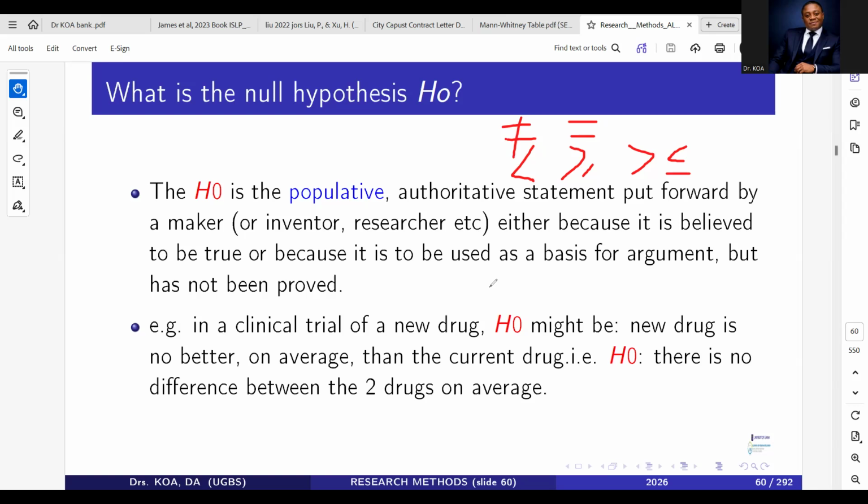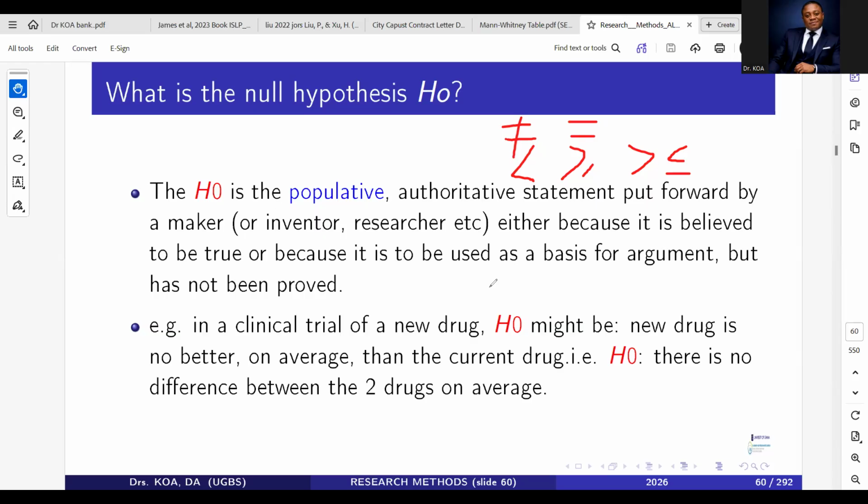Now, the third step, I told you there are only 4 steps. The third step is to find alpha and the p-value and compare.